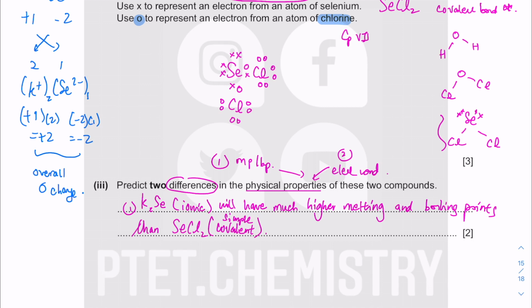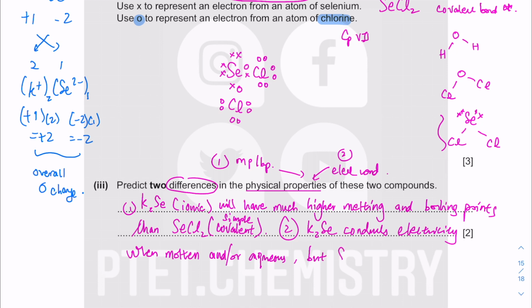And the second one will be K2Se conducts electricity, but not in the solid state, when molten and/or aqueous, meaning dissolved in water.